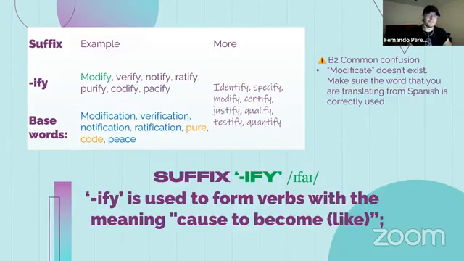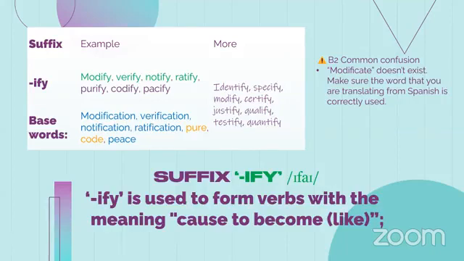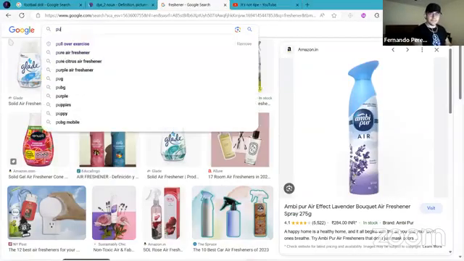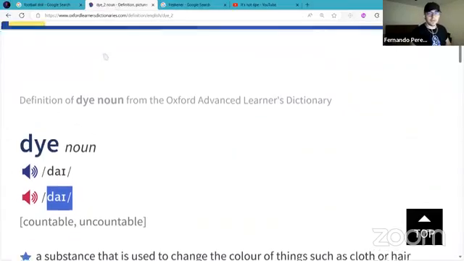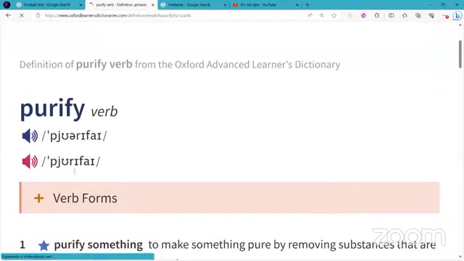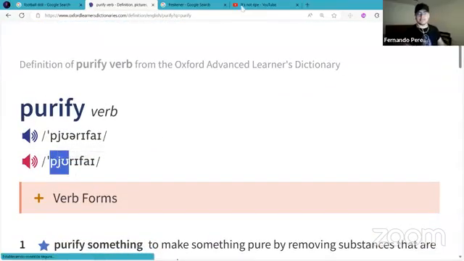Okay, with the examples: modify, verify, notify, ratify, purify. That's tricky. Here, we need a pronunciation. Look at this.